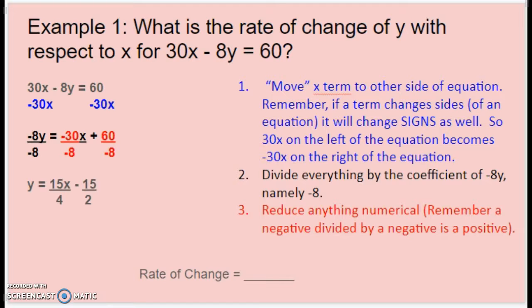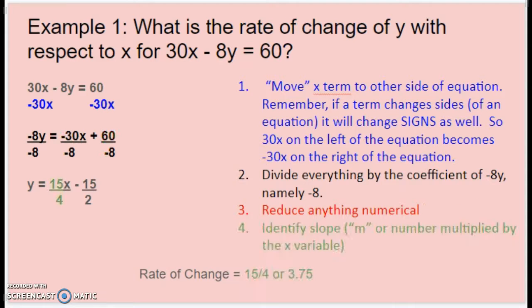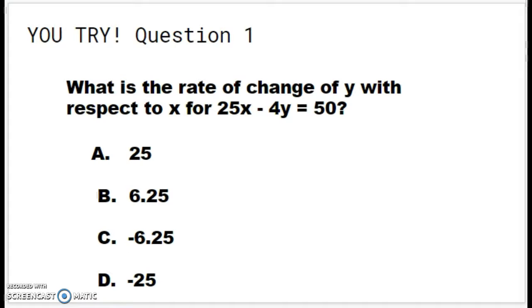Notice both of my red fractions here will reduce. I look at the number in front of the x, or the number being multiplied by the variable x, and that is 15 over 4, or if you prefer the decimal, that's going to be 3.75. All right, use these steps, piece of scratch paper, whatever you prefer at home, and work this problem.